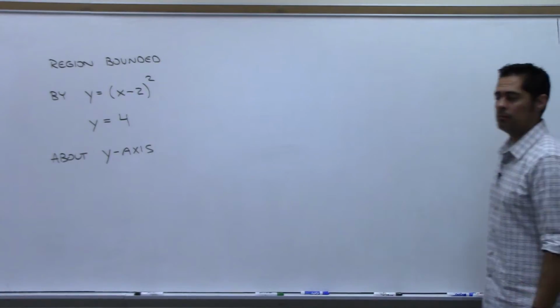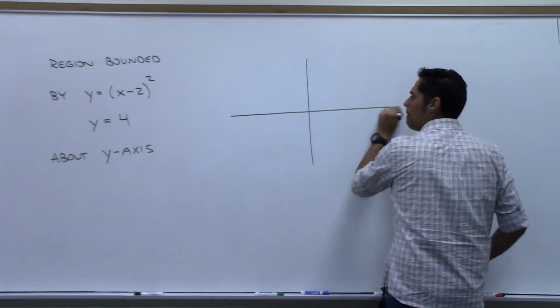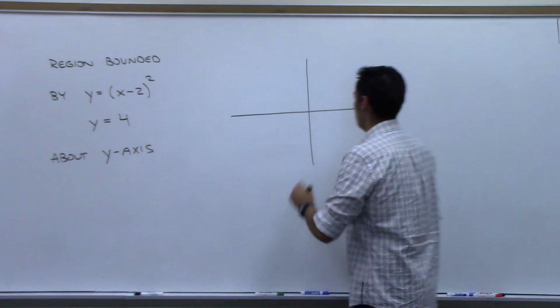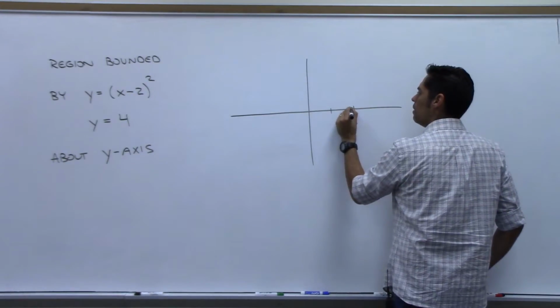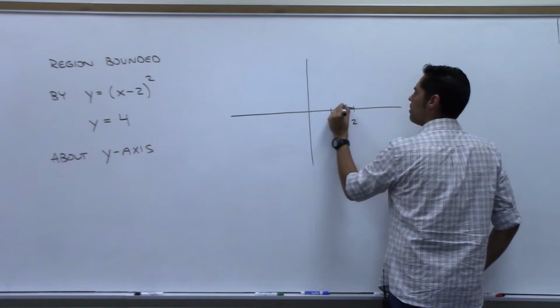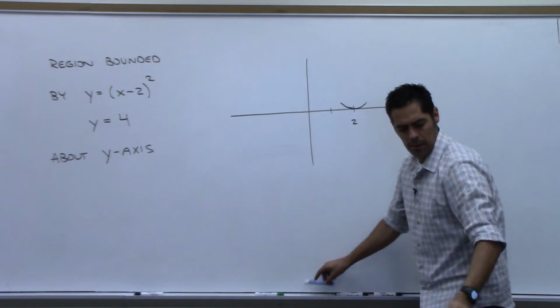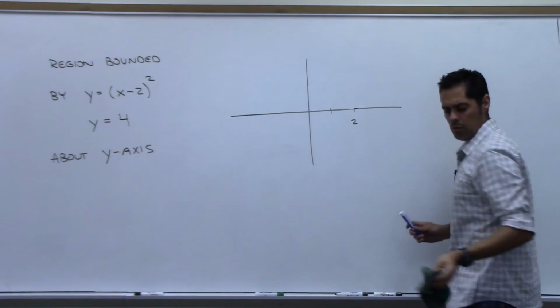Ready to draw it? Okay, so it's just x squared moved to the right, by 2. I know it's going to be a parabola, but before I draw it, y equals 4 is a horizontal line at 4.